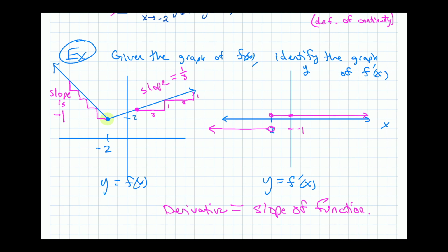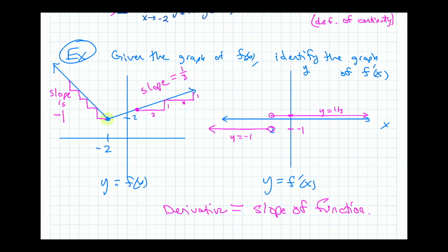Okay. And this needs to be empty. Okay. So that's what it looks like, right? This is at y equals 1/3 because that's the slope on the other graph, and this is at y equals -1 because that's the slope on that piece.